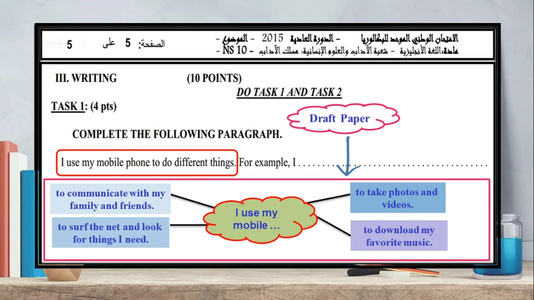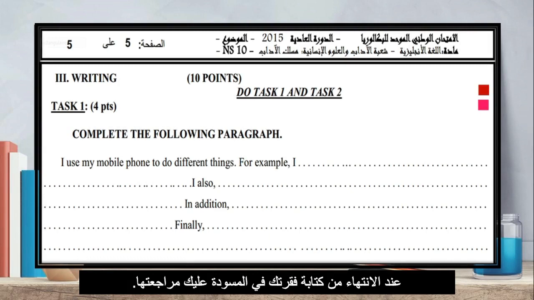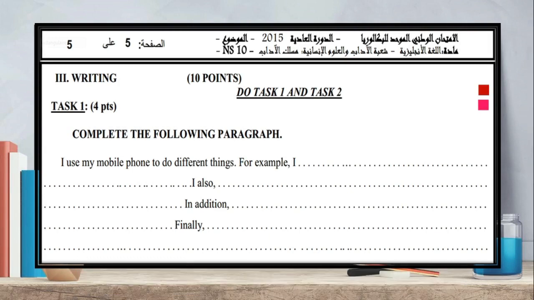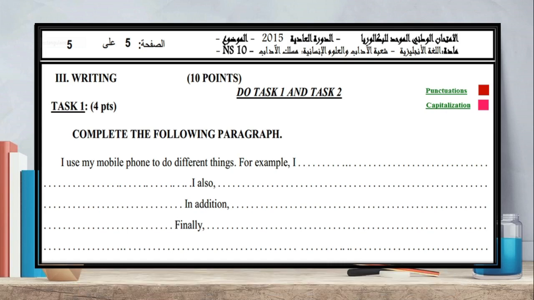All right. So when you get this, you write a paragraph in the draft, and then you come back here and copy it after revising your paragraph, and make sure you include punctuation and capitalization. So when you write a paragraph, you should write like this. I use my mobile phone to do different things. For example, I use it to communicate with family and friends via instant messages and video calls.